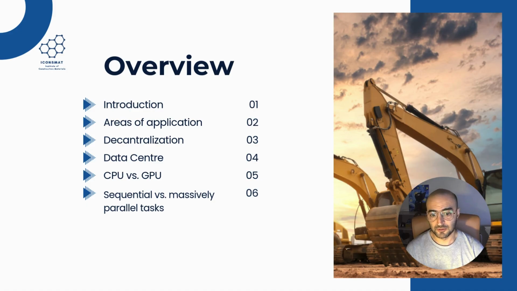Then we dive into a briefing on what is a data center, what is a CPU versus GPU, central processing unit and graphics processing unit, and we compare them, which one has more advantages over the other, particularly with respect to running AI algorithms.